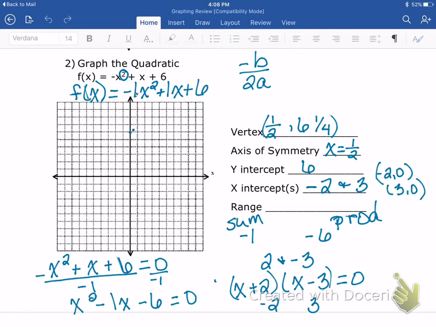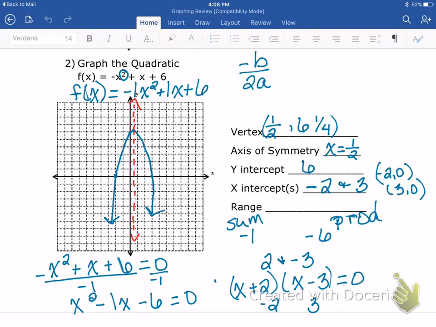Okay, so I have positive 3 right here, and I have negative 2 right here. And that is actually enough for us to go ahead and sketch the graph. I'm going to go ahead and identify the axis of symmetry too. You are not required to do that, but I do want you to be aware of my axis of symmetry. Okay, there you go. There's my axis of symmetry.